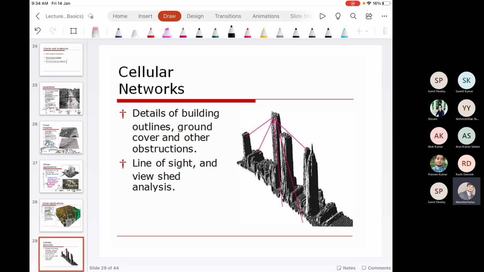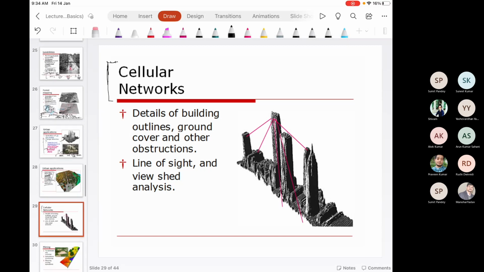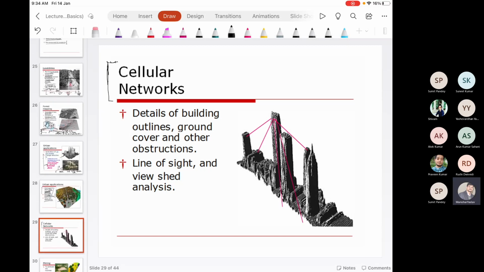So for the cellular network, it is different. Here we talk about reaching a signal from the tower. Sometimes you can feel that at a particular place you have a very weak signal, a very weak network for your mobile phone.